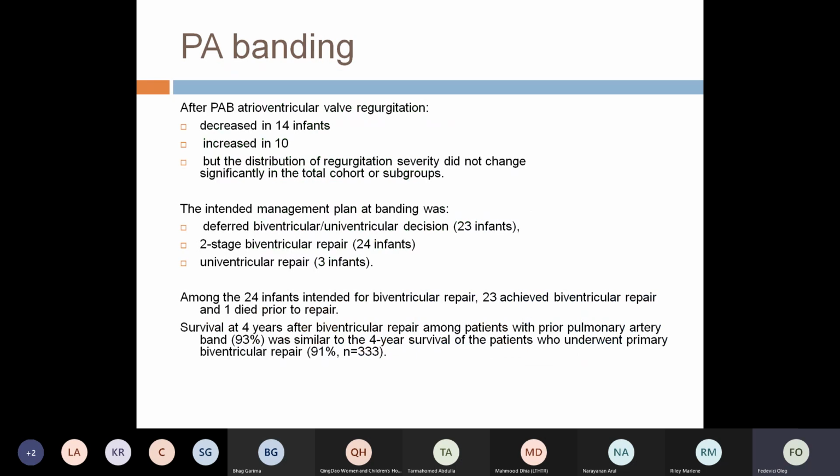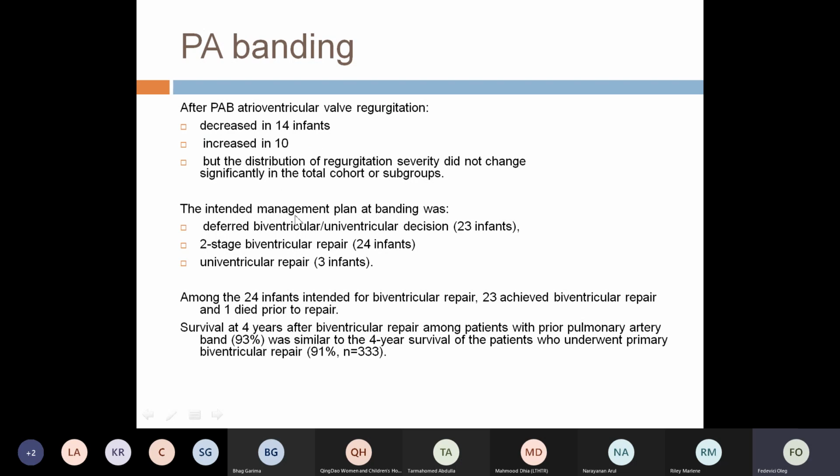It's always a question to band or not to band the pulmonary artery when you've got a regurgitation. So in 14 infants out of 50, regurgitation decreased. In 10, it increased, and obviously the distribution of the regurgitation severity not changed significantly in all the group of the patients.